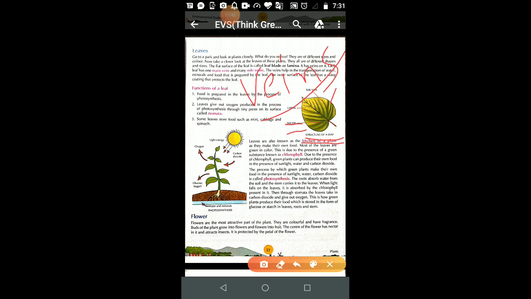And after that student, we will discuss the function of the leaf.